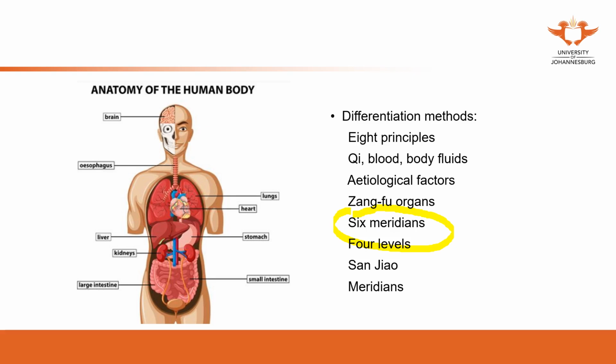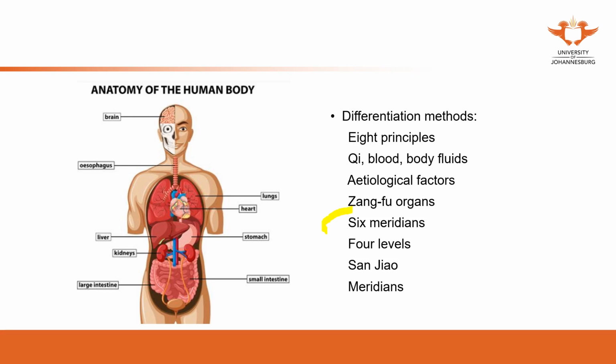They only used the formulas from this book according to the six meridians to treat all kinds of diseases, and most of the time they got quite good results. So that's how important this differentiation method is.